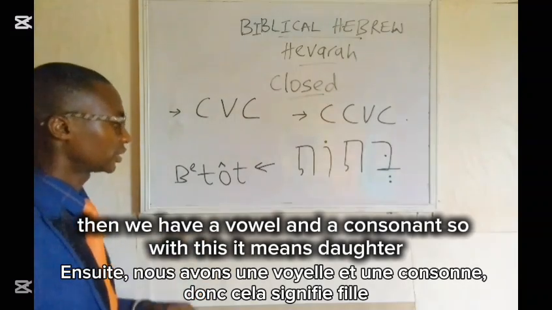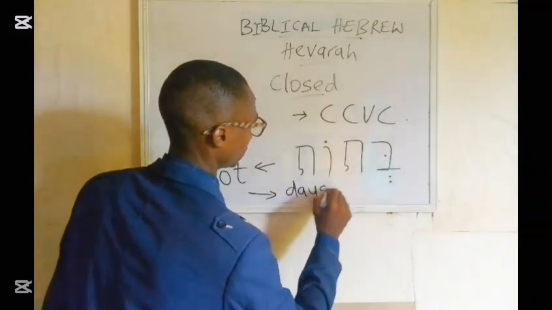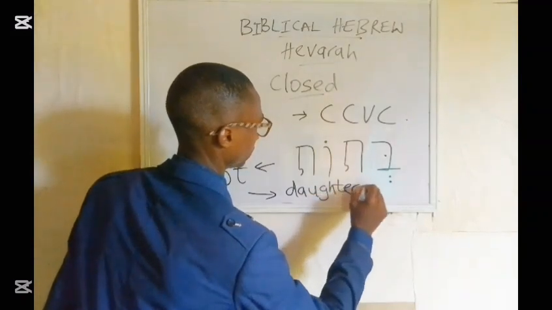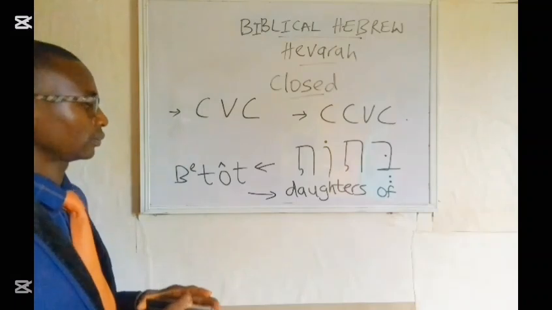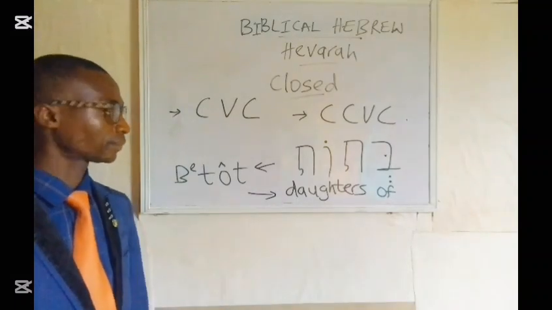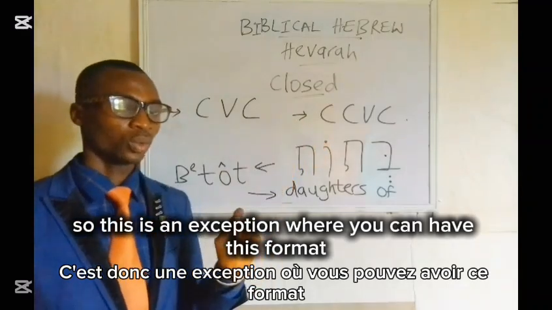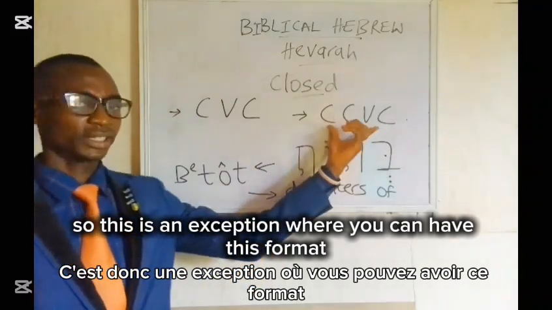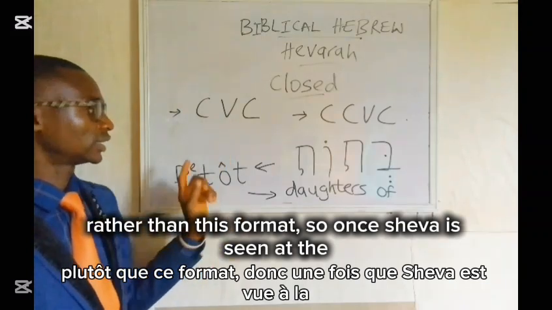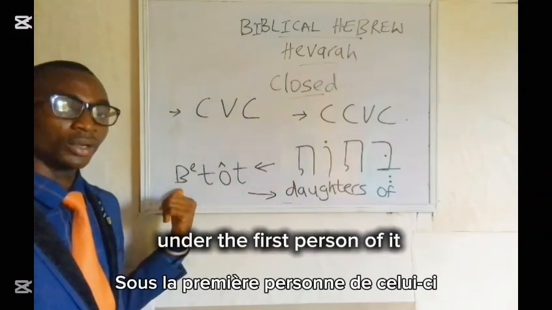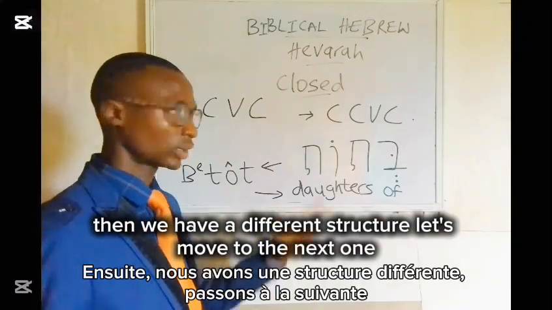So with this, it means daughters of. So this is an exception where you can have this format rather than the usual format. So once a sheva is seen under the first consonant, then we have a different structure. Let's move to the next one.